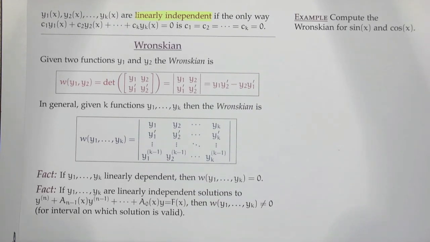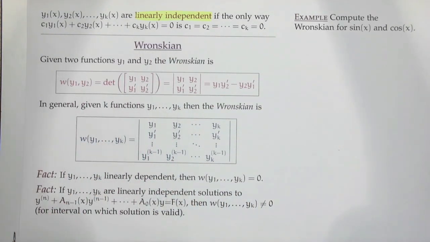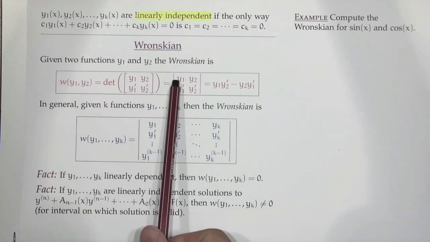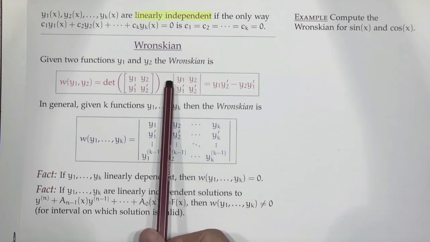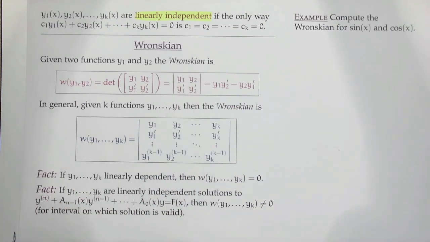Okay, so how do we do that? So we have a tool. It's called the Wronskian. So how does the Wronskian work? Well, you have your collection of functions, and you set up a matrix. For example, if you have 2 functions, the first row is your functions, y1, y2, and your second row is your derivatives, y1 prime, y2 prime.